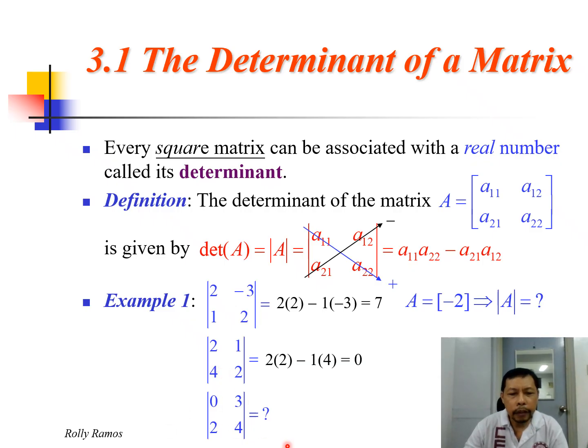And then lastly, we have 0, 3, and 2, 4. So multiplying these elements, 0 times 4 is 0, minus 2 times 3 is 0 minus 6, or negative 6.